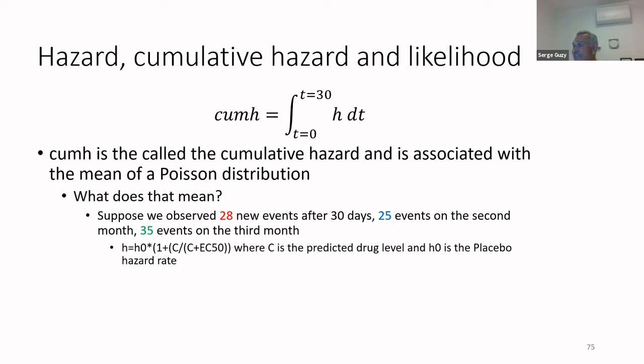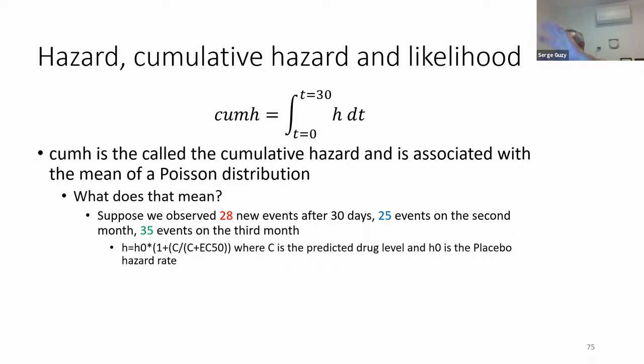Remember that H is the number of events per unit of time. If you multiply by a time domain, you get the cumulative number of events. And suppose that if you integrate H from 0 to 30, you get, let's say, 27.5, cum H equals 27.5. You are going to compare the 27.5 with the 28 new events, which is good.